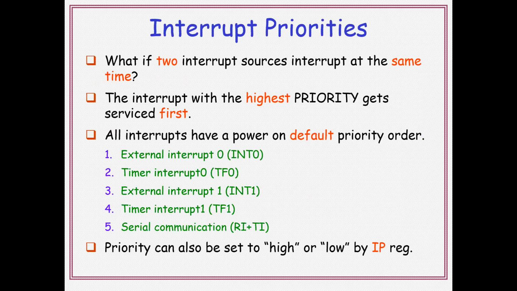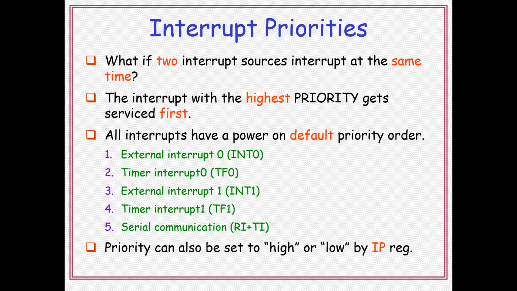And interrupt priorities. If two interrupts occur at a time, what about the priority? There are default priorities, and you can also change those priorities with the help of the interrupt priority register.